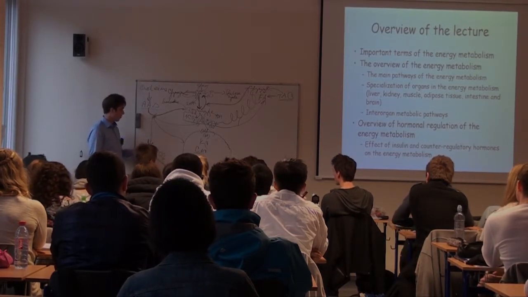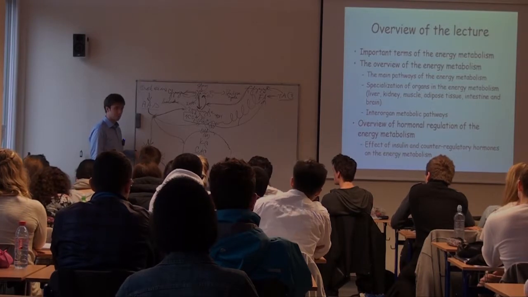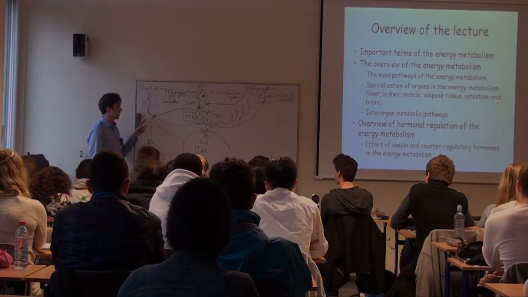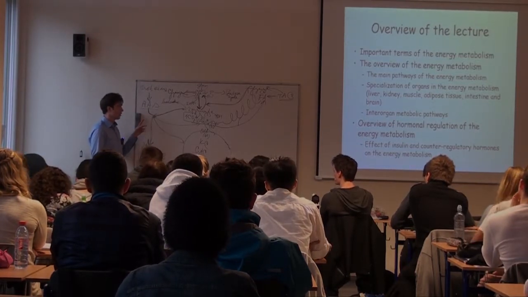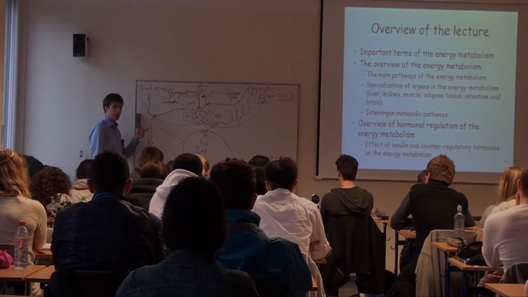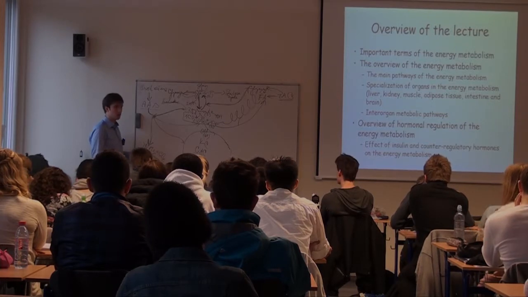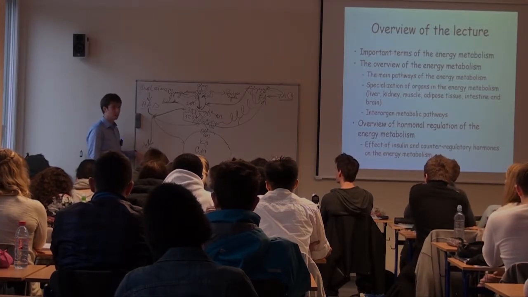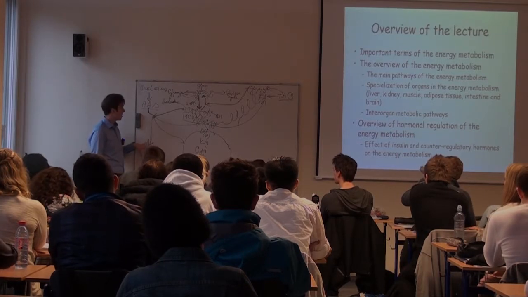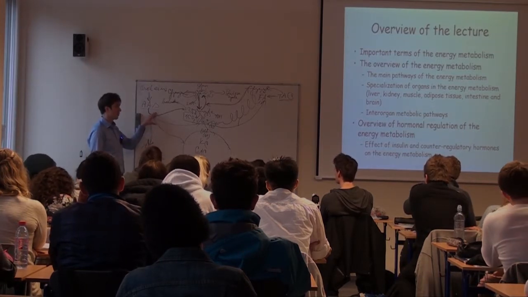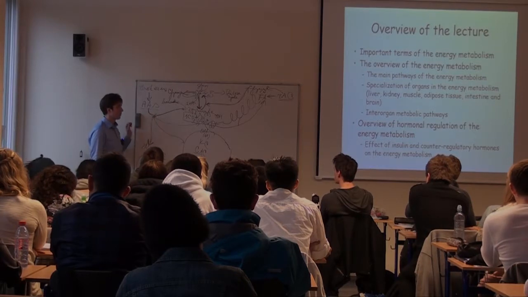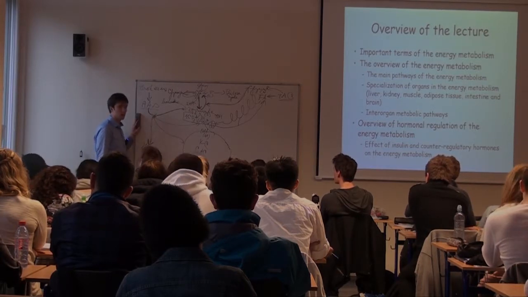If we have some problem with the ornithine cycle, only in kidneys can we excrete the ammonia from our body. And there are some conditions when we have to suppress the ornithine cycle, for example during acidosis. And then the amount of ammonia excreted in kidneys is higher than normal.